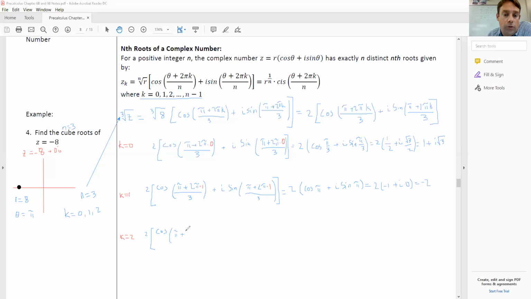So cosine of pi plus 2 pi, times 2, all over 3, plus I sine of pi plus 2 pi, times 2, all over 3.